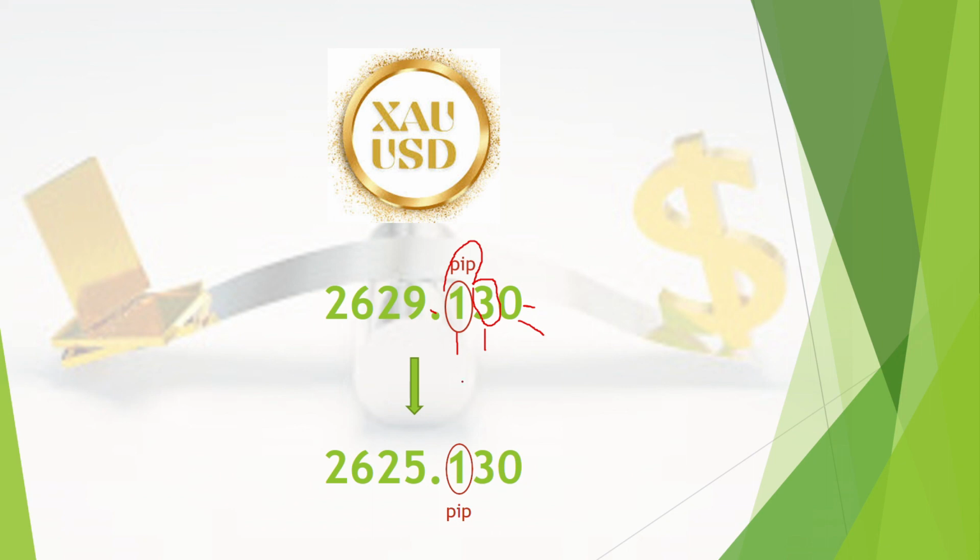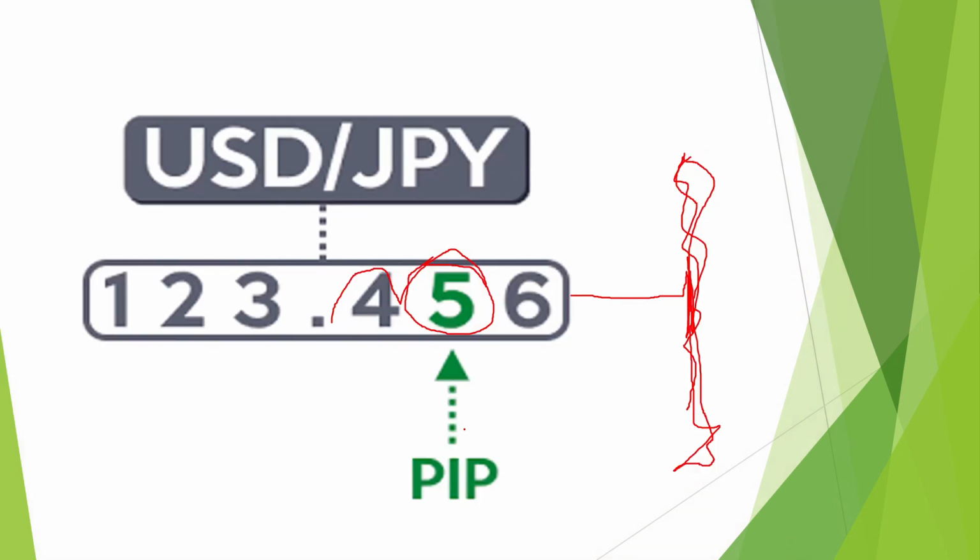So I believe with this you've understood the difference between the pip and pipette, and you've also understood how to identify your pip on the chart, from the currency pairs, the EUR USD, the GBP USD, CAD CHF, and what? The JPY pairs, like the GBP JPY, the USD JPY.